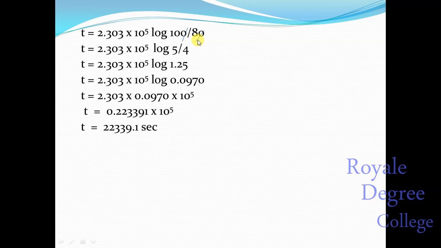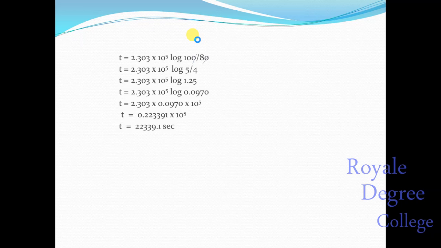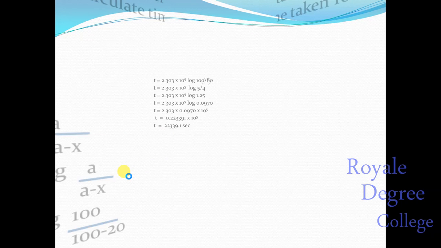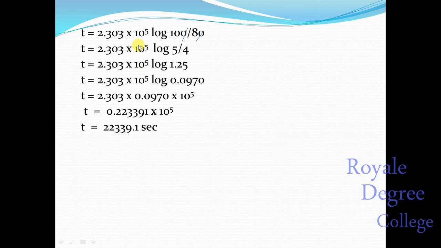And then in the denominator, look at this once again: 2.303 divided by 1 into 10 to the power minus 5 is there. This value 10 to the power minus 5, if we take it to the numerator, it will become 10 to the power 5. Now you can see this: we get t equal to 2.303 into 10 to the power 5 into log 100 by 80.